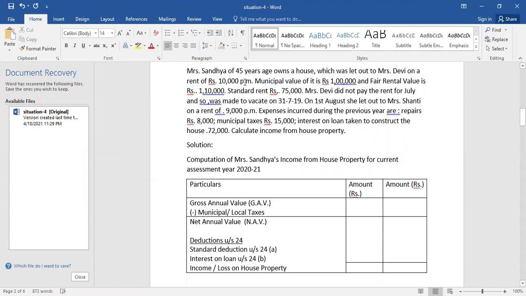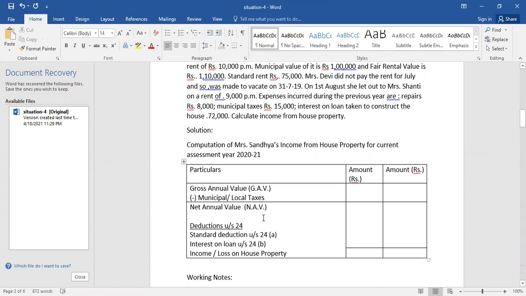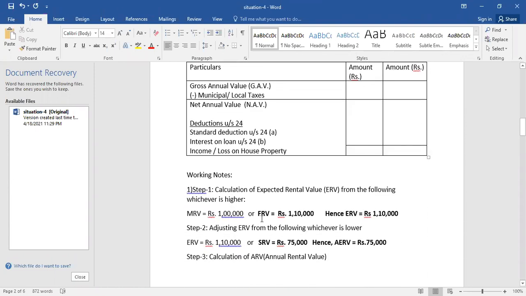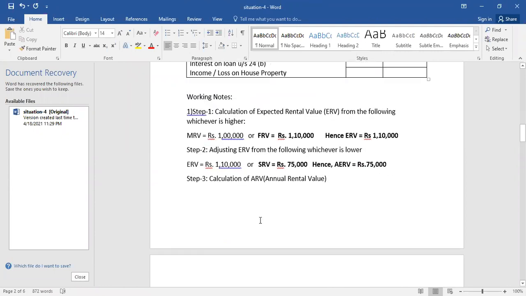She was made to vacate on 31st July 2019. So from 1st April to 31st July means April, May, June, July, so 4 months, right?